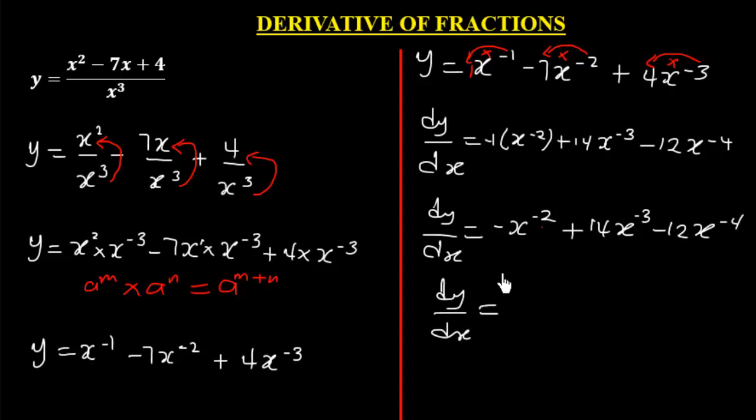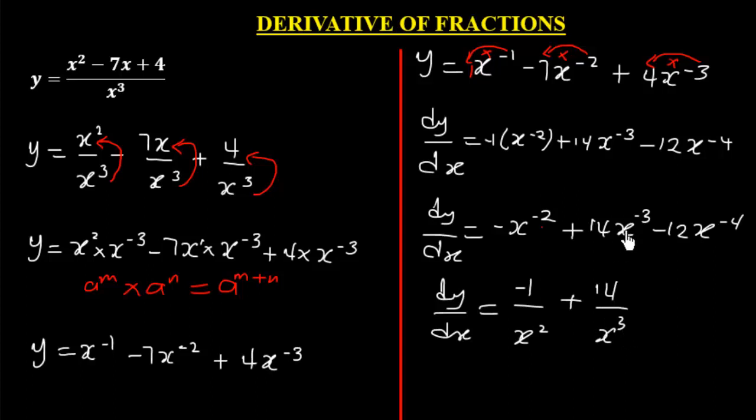So dy/dx will equal, now the coefficient of this x here is negative 1, so that's going to be negative 1 all over x squared. Remember, we have moved it from numerator to denominator, so the negative 2 will change to positive 2. So plus 14 all over x cubed.